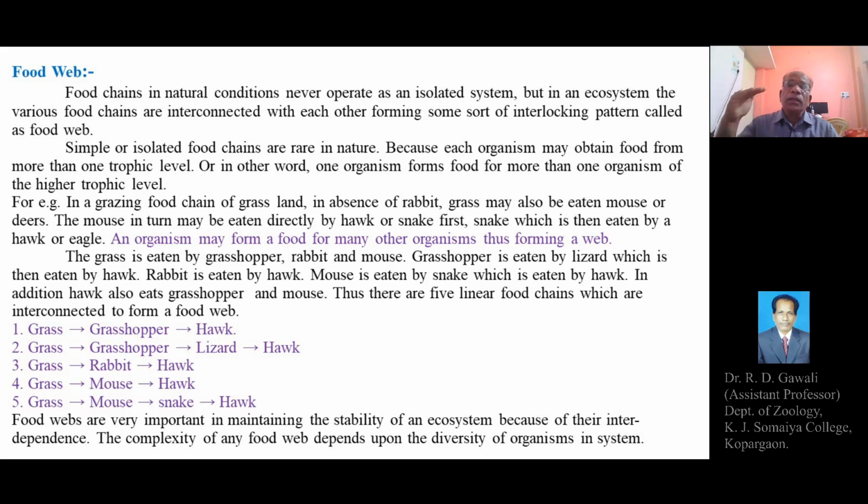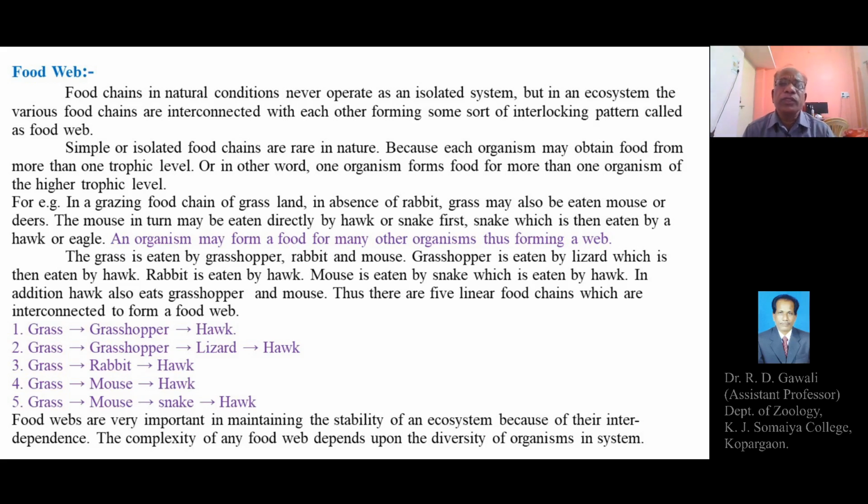So any single food chain has a minimum of 3 trophic levels and may have 5 or 6 trophic levels, and each trophic level includes several individuals or organisms belonging to different species. That's why each organism serves as food for more than one organism of the higher trophic level.